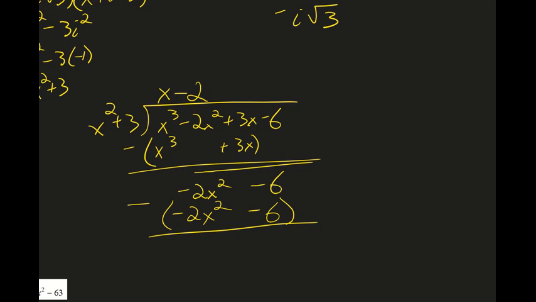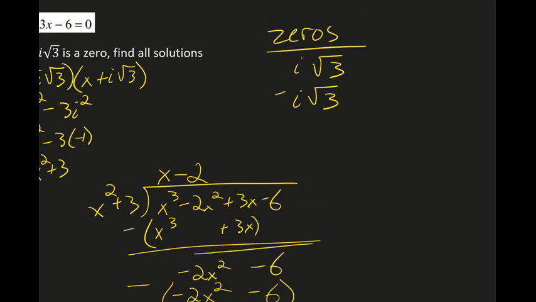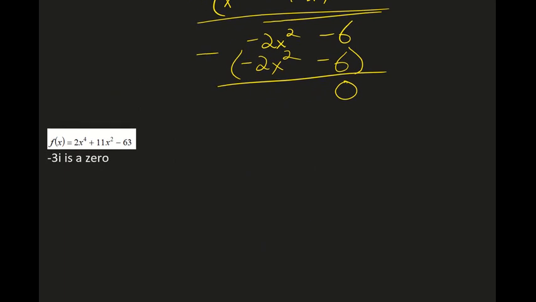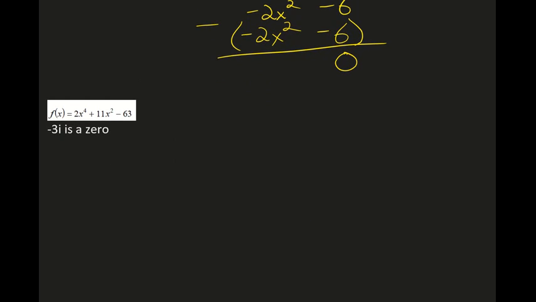Subtract these, watch your signs, and since x minus 2 is a factor, that means positive 2 has to be a zero. Now, what I'd like you to do is use the fact that negative 3i is a zero and find your other zeros for this polynomial.